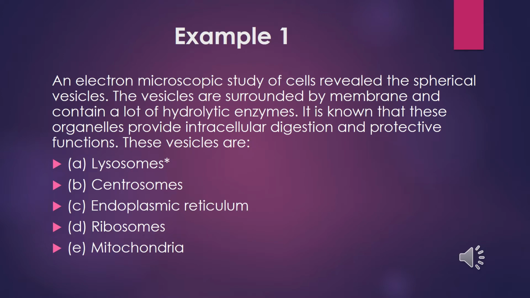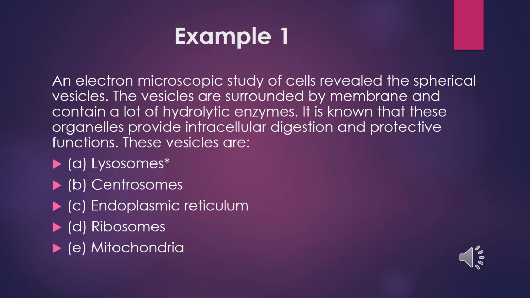Example number 1. This example asks about spherical vesicles in the cell, inside the cytoplasm, which are surrounded by a membrane and include hydrolytic enzymes. We have some questions about these organelles.